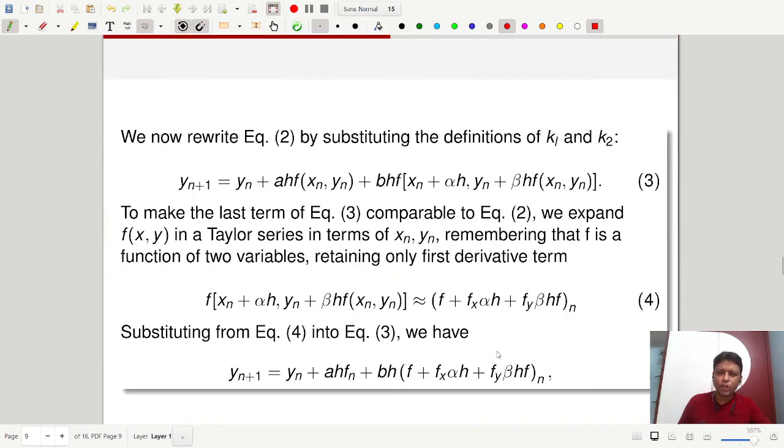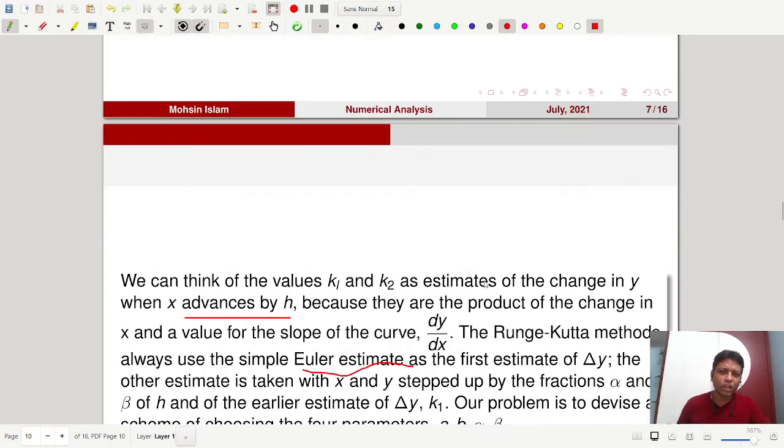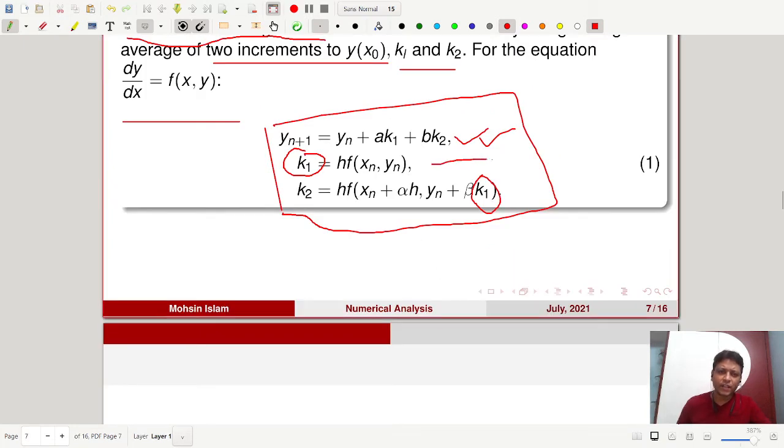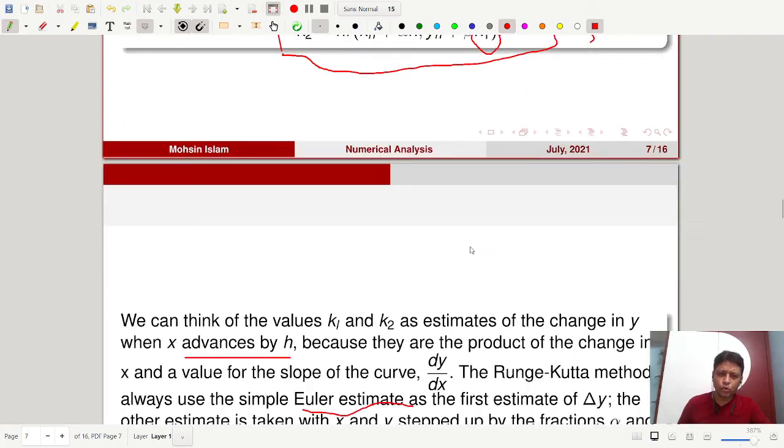Now we write equation 2 by substituting the definitions of k1 and k2. So what are the definitions of k1 and k2? They are given in the Runge-Kutta second order method. Look at that. This is k1 and this is k2. So you replace k1 and k2.